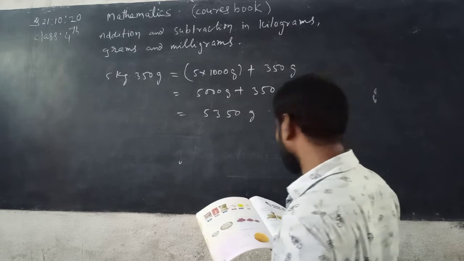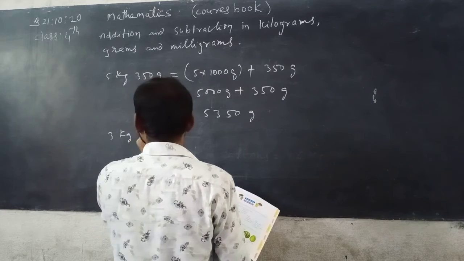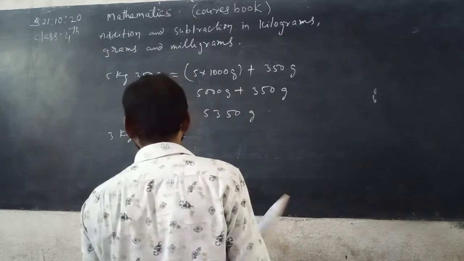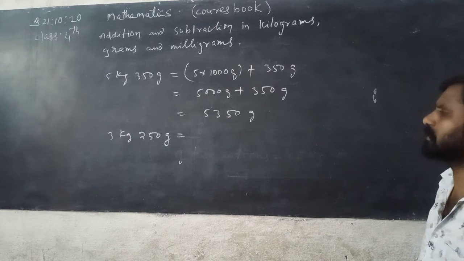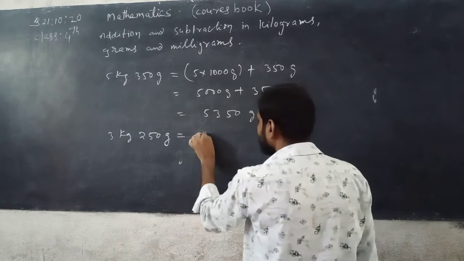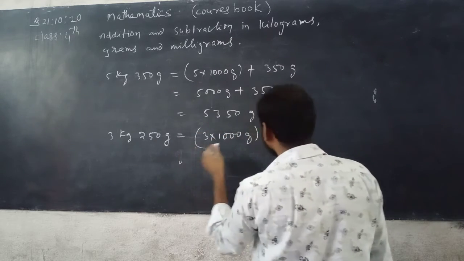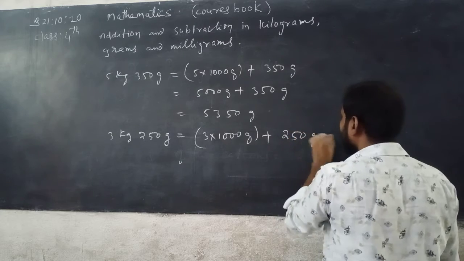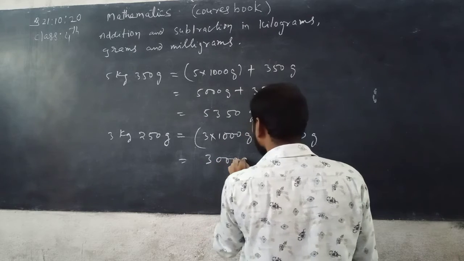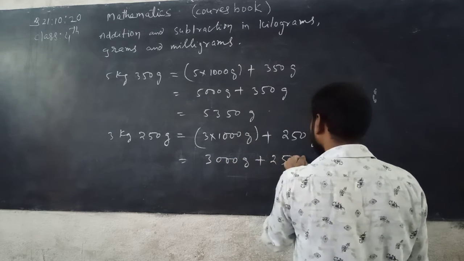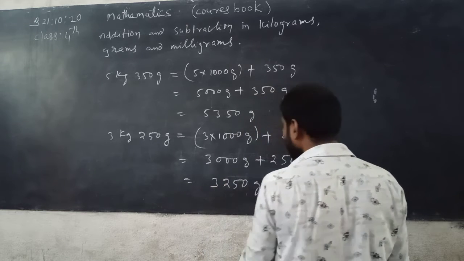Now next, the weight of papaya, that is 3 kg 250 grams. Here kilograms is converted into grams by multiplying kilograms with 1000. That is 3 into 1000 grams plus the remaining 250 grams, which is 3000 grams plus 250 grams, that is 3250 grams.